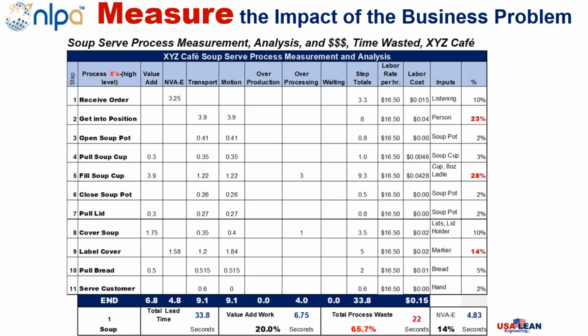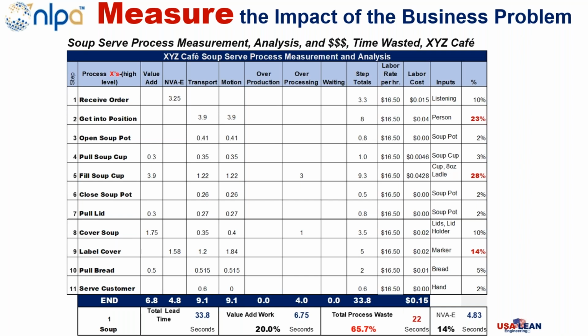So again, this type of work requires intense study of the inputs and the different elements that affect time, and time does impact quality, as I mentioned, with the changeover on the fill line in the soup manufacturing plant.